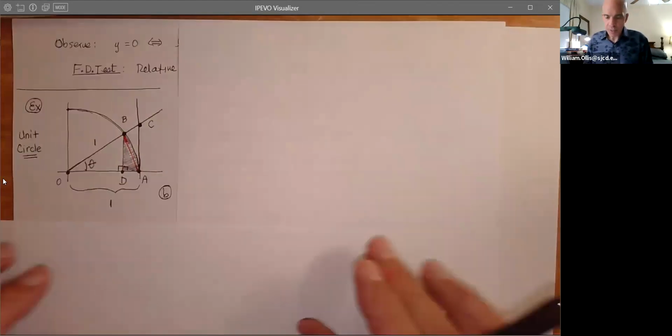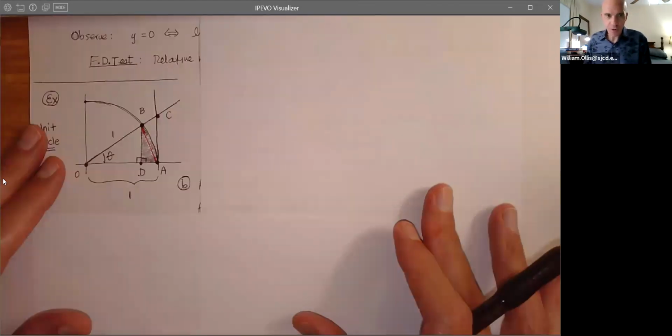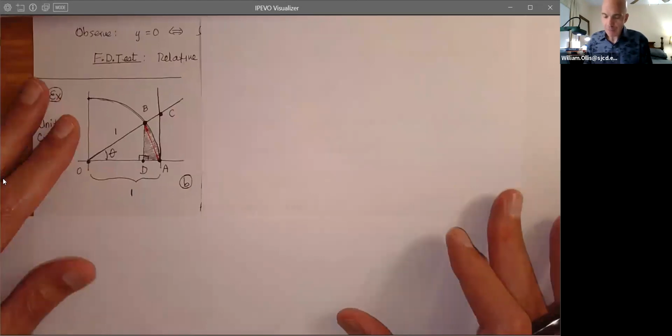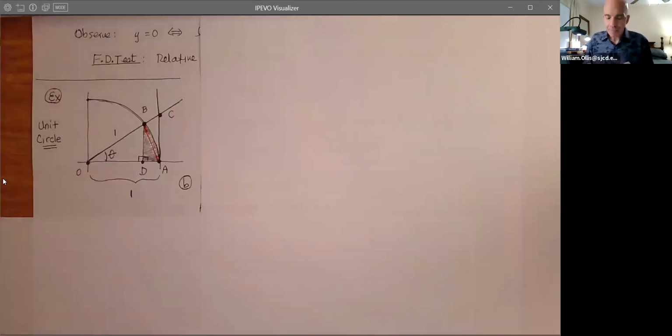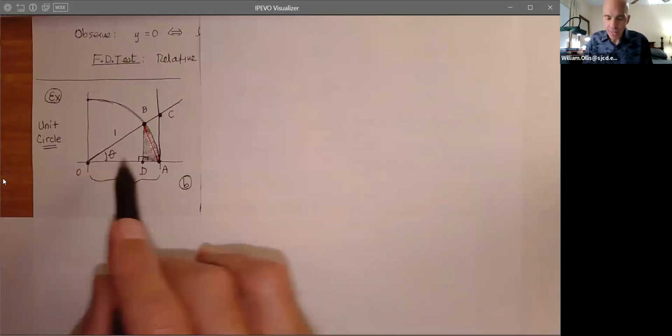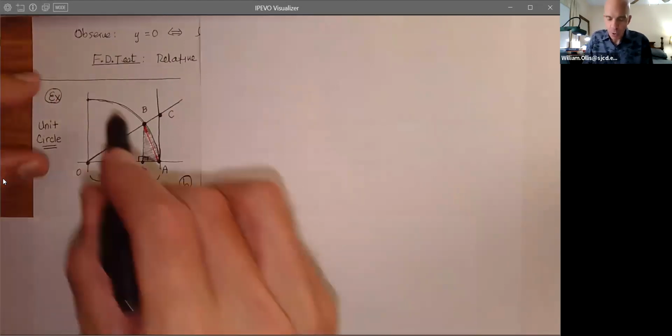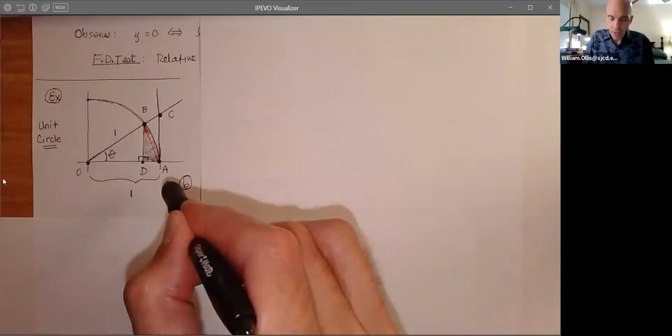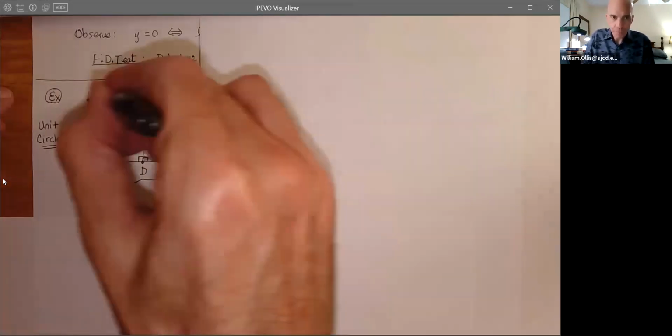So I want you to look at this particular, this is Professor Ron's creation from the WebAssign. Now, this part here, this is the unit circle. This is just in the first quadrant. So go ahead and draw an arc here.